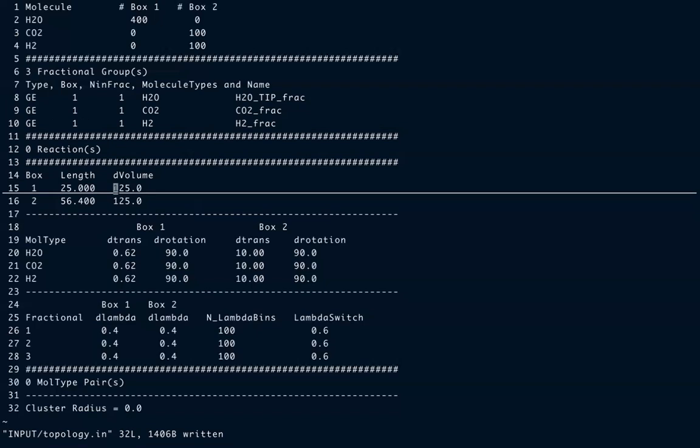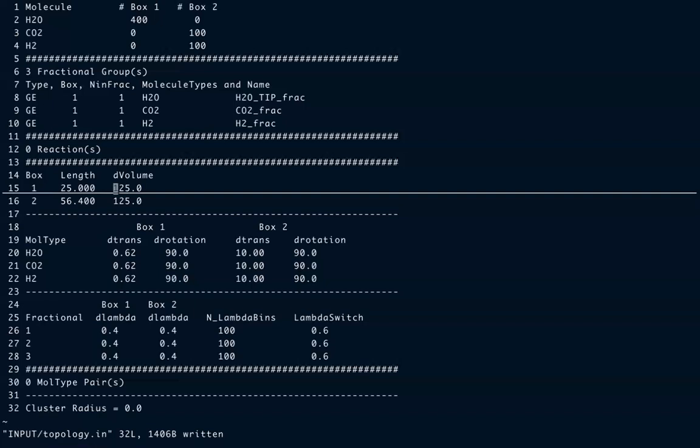Of course, you cannot give extremely high or very low values, because these will not lead to the right sampling. So the very powerful feature of Brick is that you can start with a random value. Let's say here dVolume is 125.